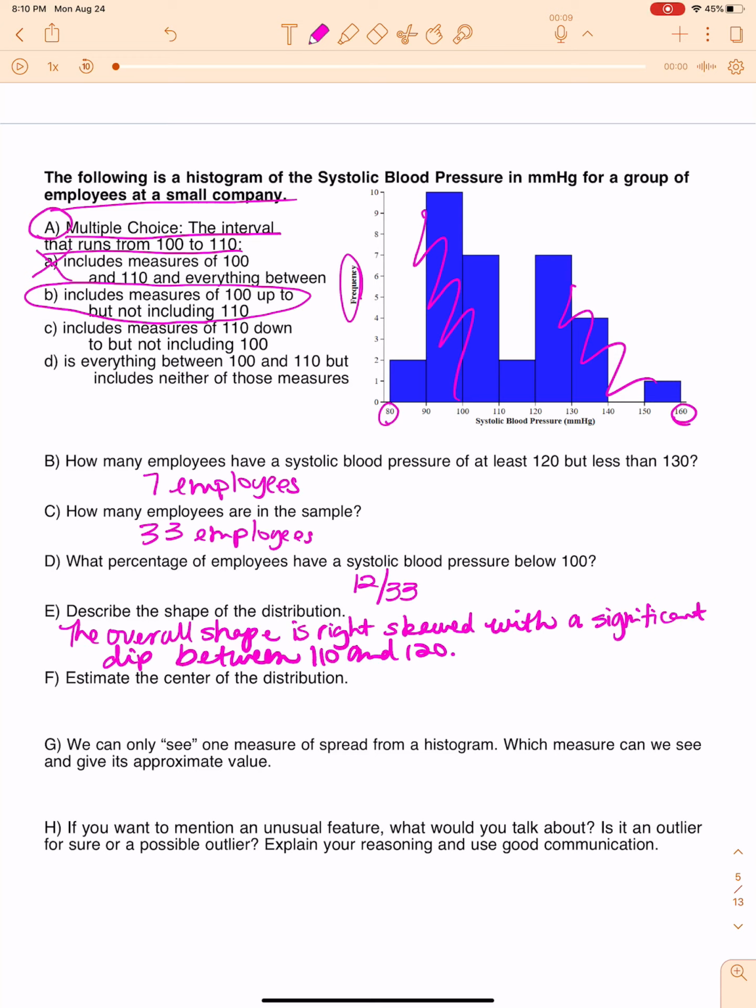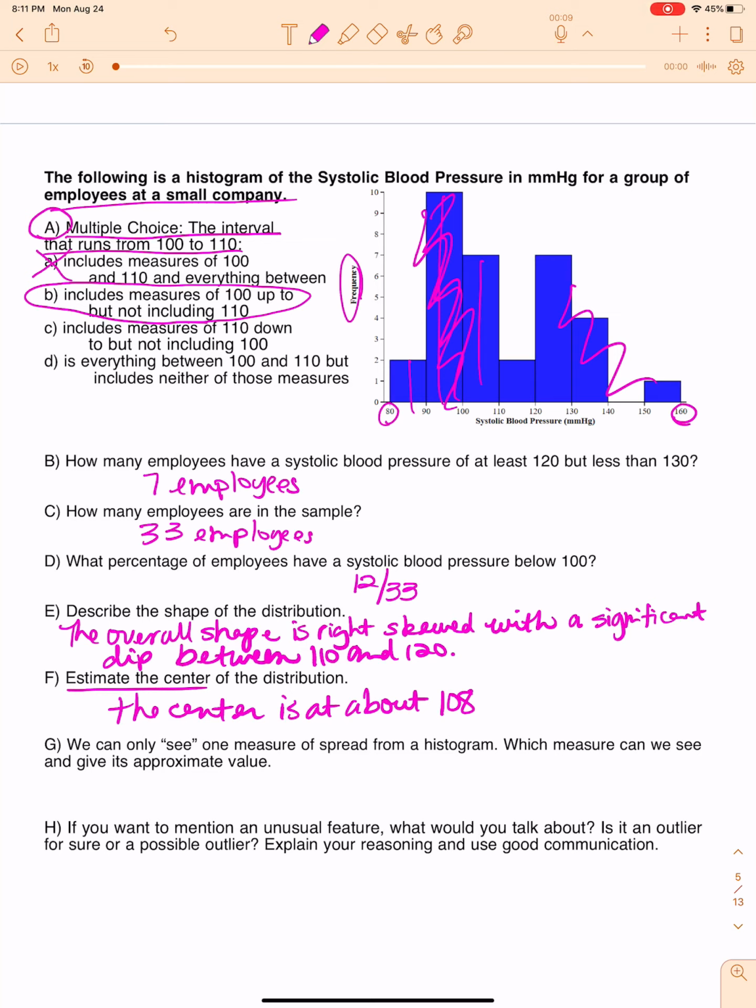So where the data stacks up is where you're going to call center. I've got 2 here, 10 here, 7 here, so that's 19. So that's a little over half. So I would venture to say that if I'm estimating this center, the center is at about 108, something like that. And you could probably go 110, 107, anything like that, 105. Those are all pretty good guesses.